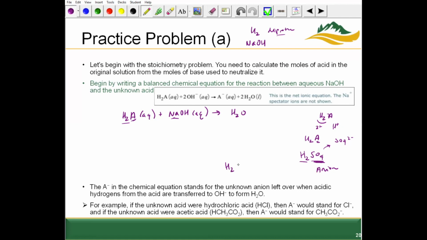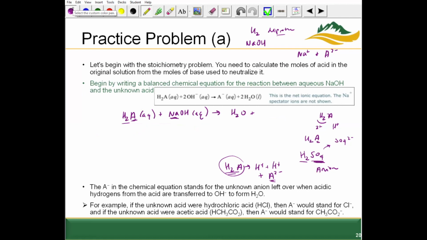So really H2A would be one H+, another H+, because it's diprotic. For all of this to be a neutral compound, then technically we're going to have a 2 minus. This anion portion isn't really crucial to getting the right answer here, but let's continue setting up this balanced equation. So Na+ and A2- are going to form our salt.